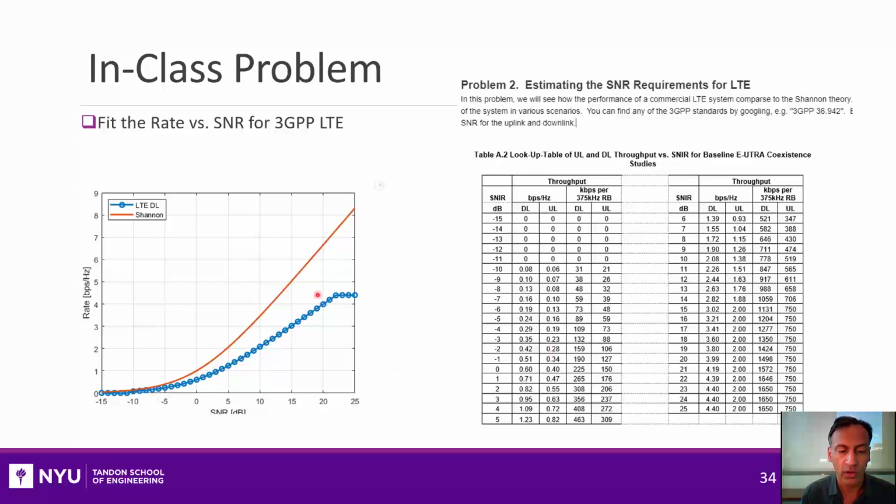So actually, you'll go ahead and plot this, but you'll also plot the Shannon capacity, and then I'm going to ask you to fit a model for this SNR to rate mapping based on some decrease from the Shannon capacity. So give that a shot, and once you're done, you can go on to the next section.